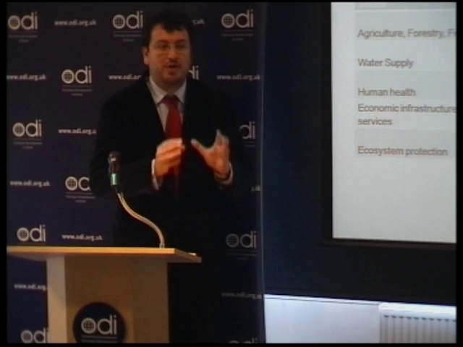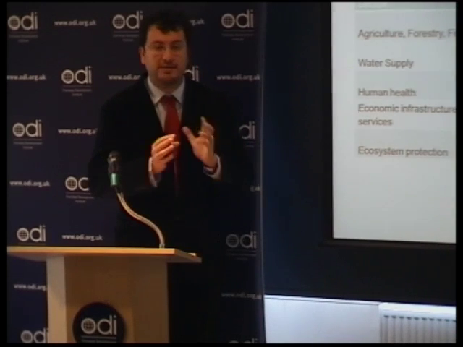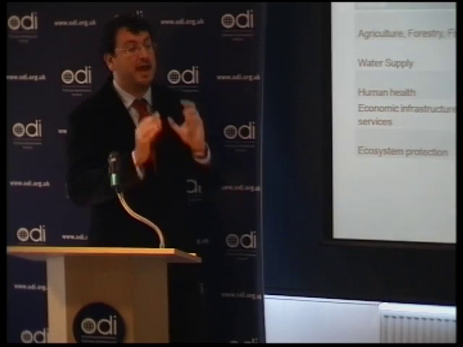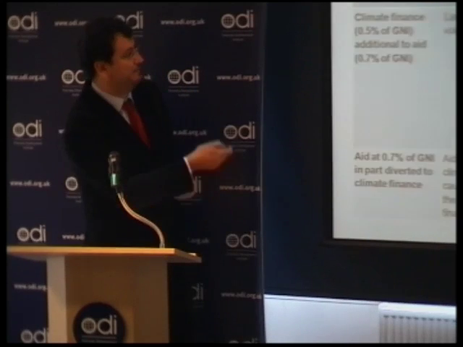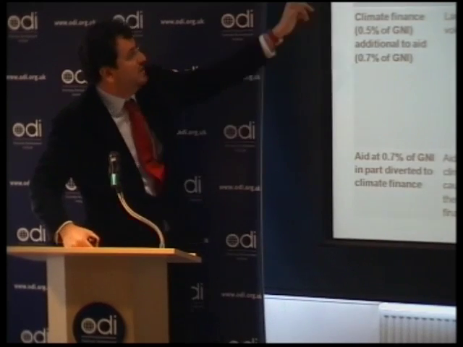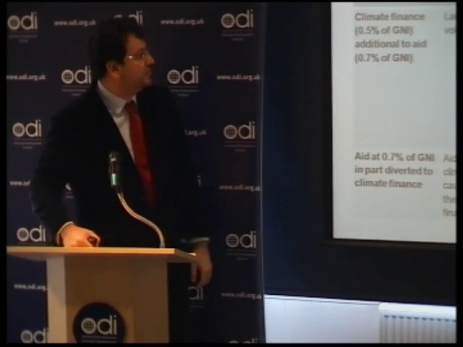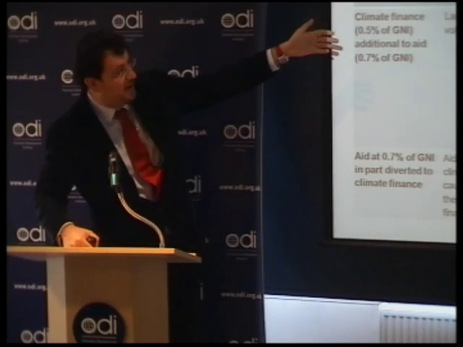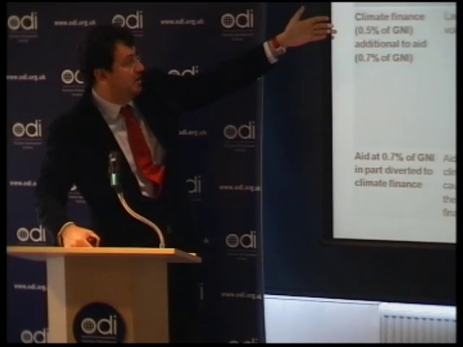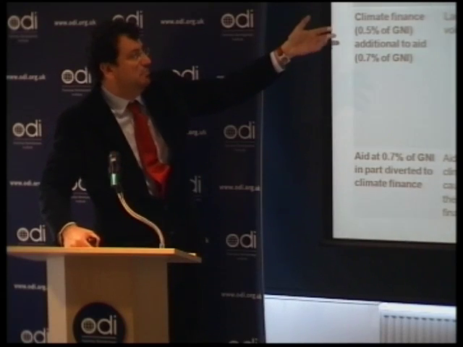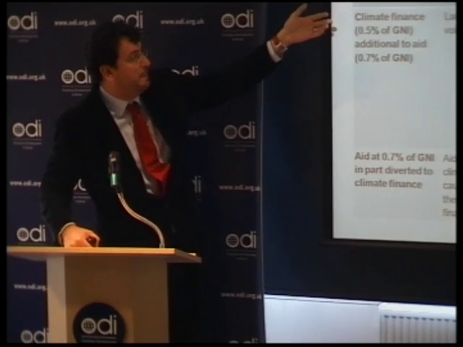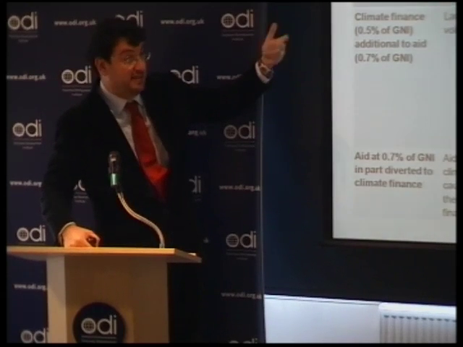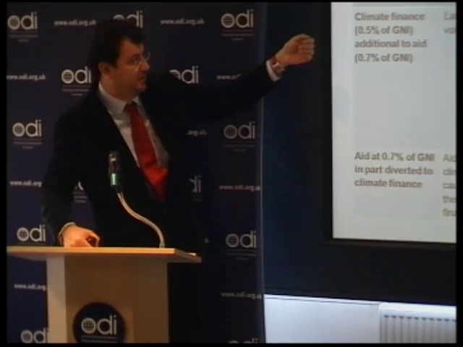So if ODA were used for adaptation needs, we would have a geographical diversion of funds and a sectoral diversion of funds. What are the consequences for developing countries? Of course, additional climate finance for developing countries means large additional volumes and also scaling up in terms of regions and sectors.